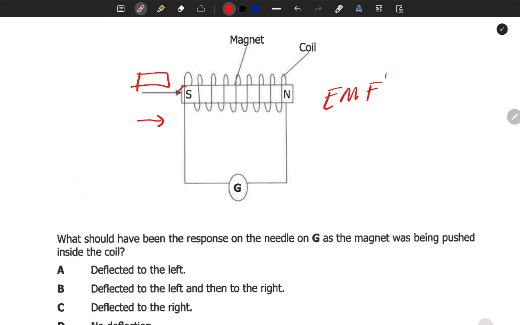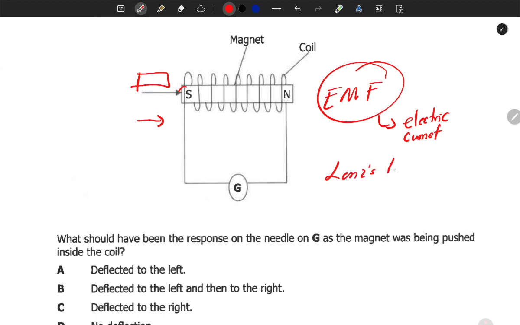Now, once this electromotive force is induced, it produces an electric current. Once this electric current is produced, it flows in the direction so as to oppose the change that caused it. That is Lenz's law.